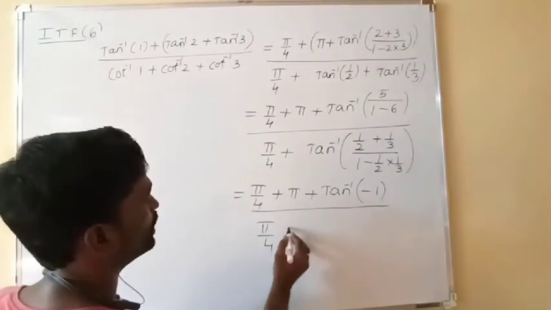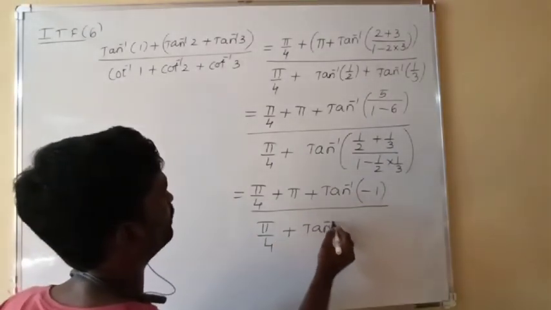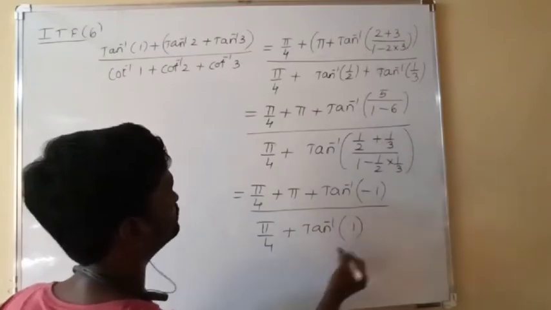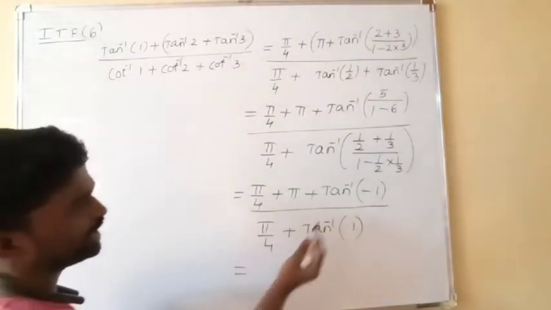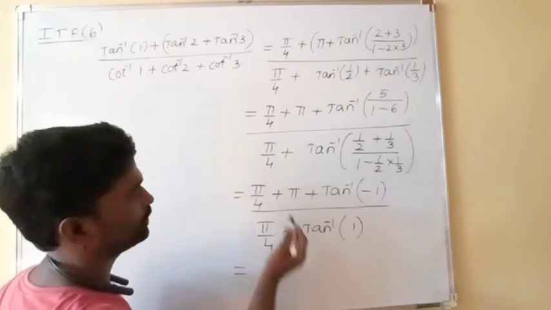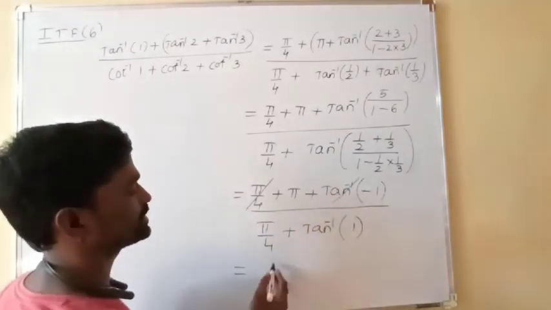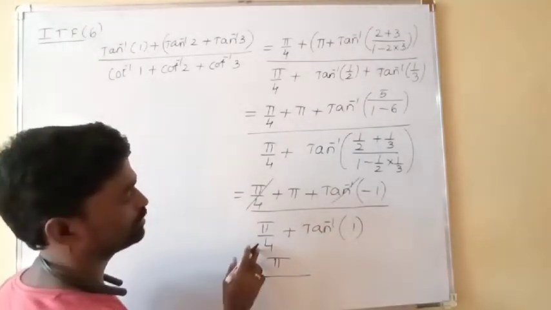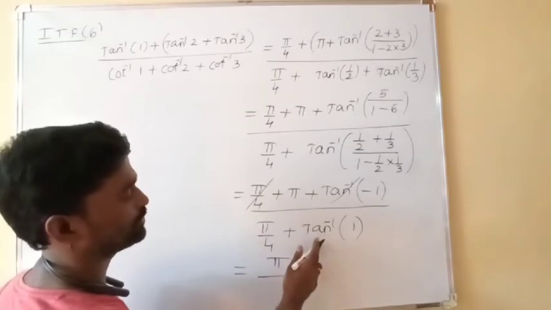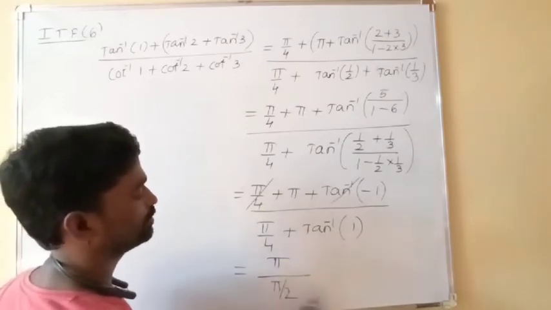So pi by 4 plus pi plus tan inverse of 5 divided by minus 5, which is tan inverse minus 1. Divided by pi by 4 plus, if you simplify this part, you will get 1. So tan inverse minus 1 is minus pi by 4, this is plus pi by 4, both get cancelled, leaving pi. Divided by pi by 4 plus tan inverse 1 is pi by 4, pi by 4 plus pi by 4 is pi by 2.